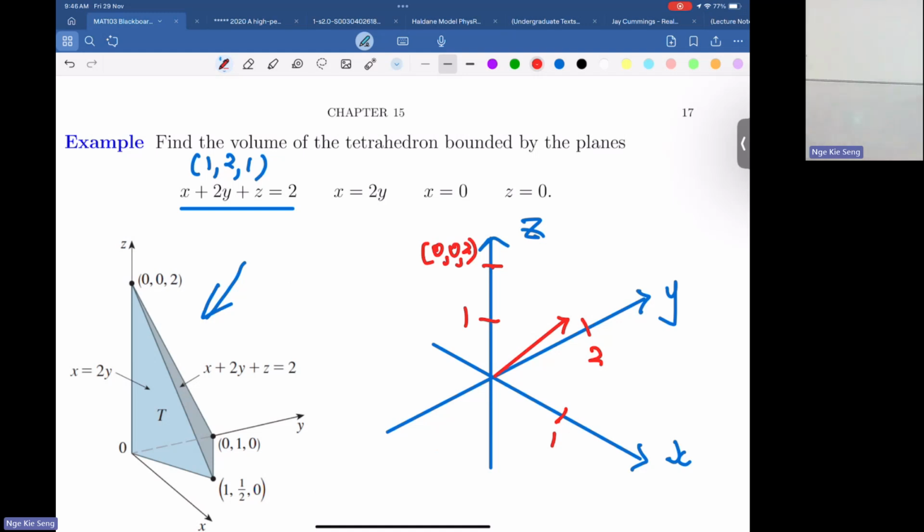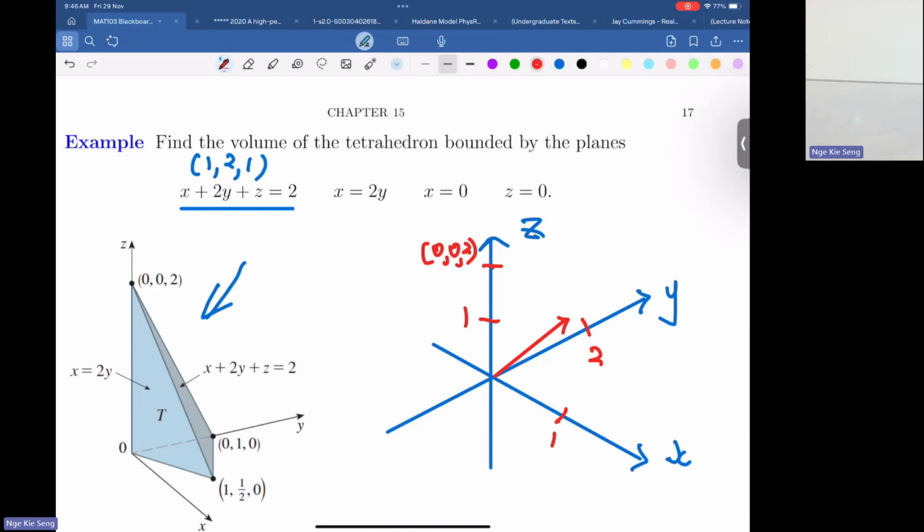So where does it intersect the xy plane? How to intersect the xy plane? You set z equals to 0. If you set z equals 0, what is x plus 2y equals 2? It's a linear graph.